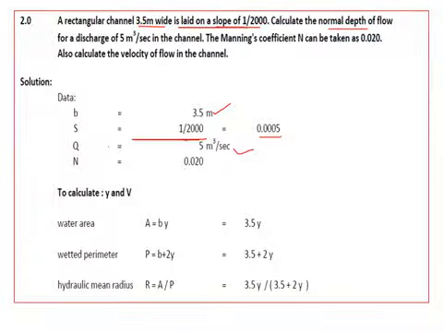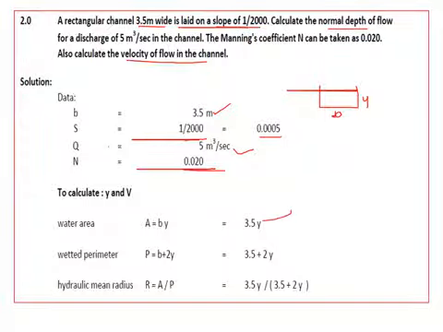Since Manning's constant is given, we should use Manning's equation, and also we have to calculate the velocity of flow. Here we have the channel section, so this is B and this is y. Now area is nothing but B into y, so B is given, which is 3.5, so 3.5 into y.